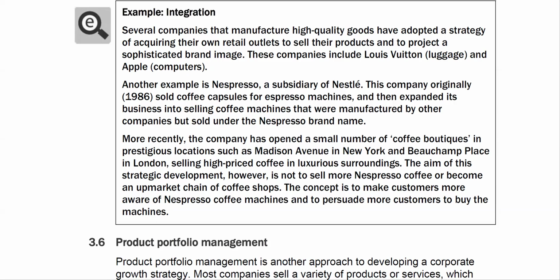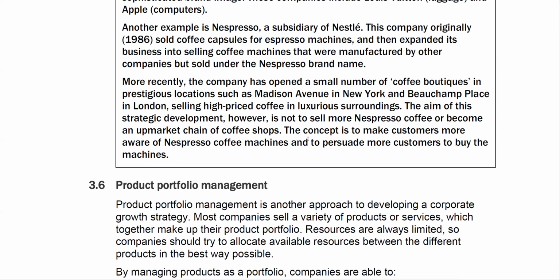This company originally in '86 sold coffee capsules for espresso machines and then expanded its business into selling coffee machines that were manufactured by other companies but sold under an Nespresso brand name. More recently, the company has opened a small number of coffee boutiques in prestigious locations like Madison Avenue in New York and Beauchamp Place in London, right? Selling high-priced coffee in luxurious surroundings.